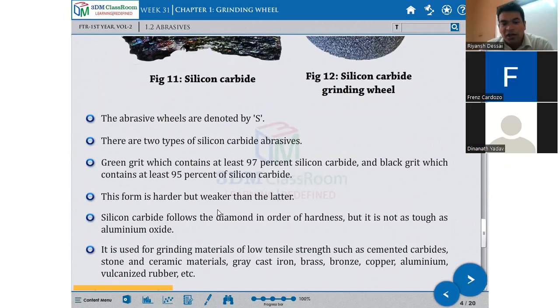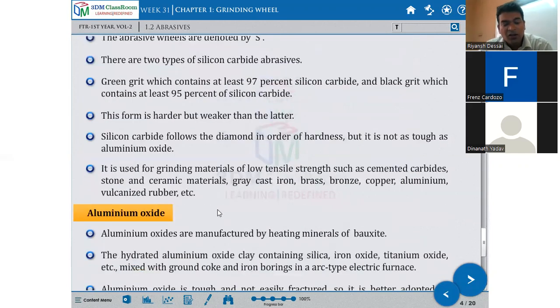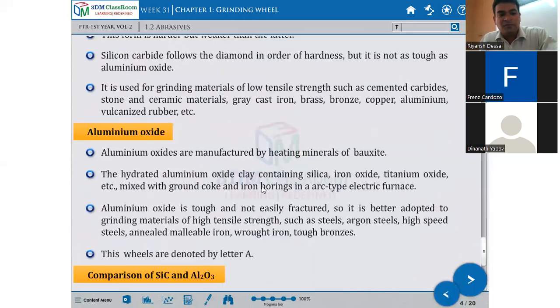Silicon carbide follows the diamond in order of hardness, but it is not as tough as aluminum oxide. It is used for grinding materials of low tensile strength such as cemented carbide, stone and ceramics, gray cast iron, brass, bronze, copper, aluminum, and vulcanized rubber. They can be ground using this type of abrasive particle.